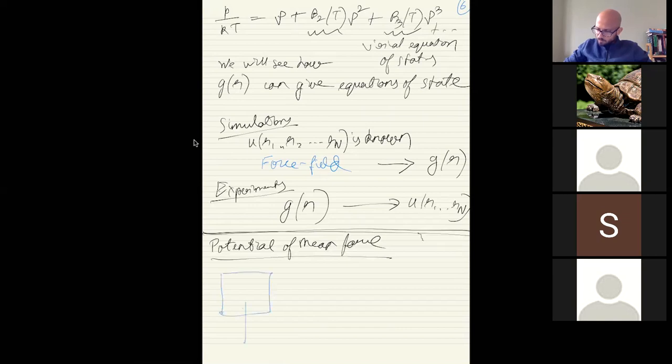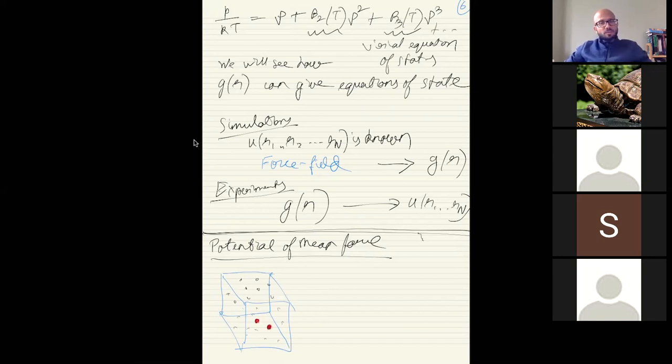Again, let's imagine our box again. And let's say in this box, I have lots and lots of molecules. But I have two special molecules, okay?